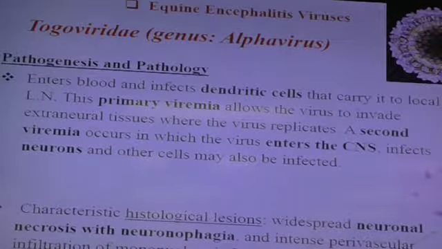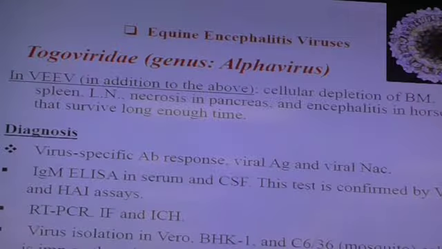In this case, in the brain, there are the microglia cells, which are recruited to the site of infection around the blood vessels, and neurons that are infected. Hence, it's called neuronophagia. So there is necrosis and neuronophagia.